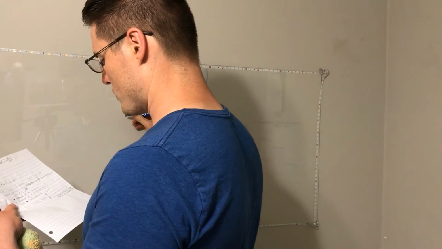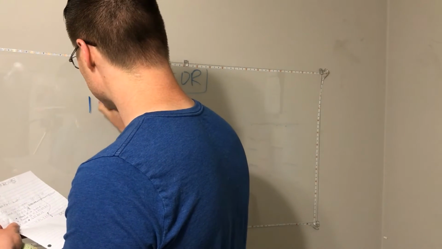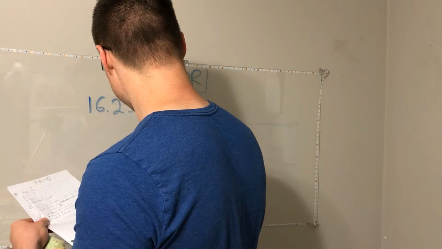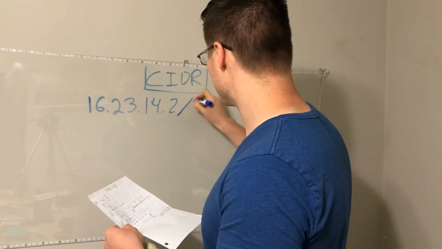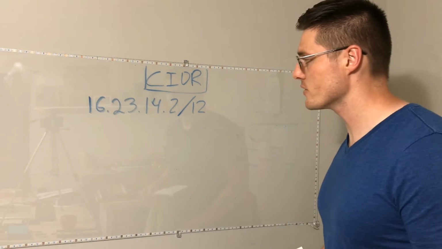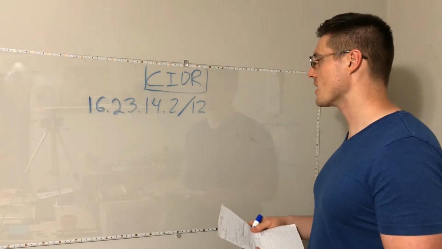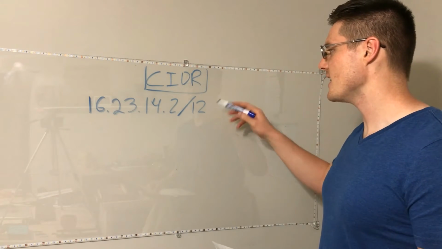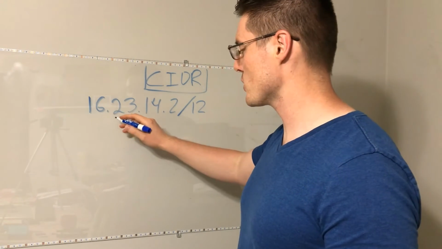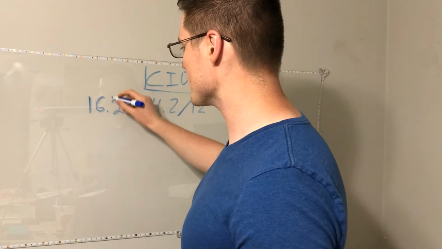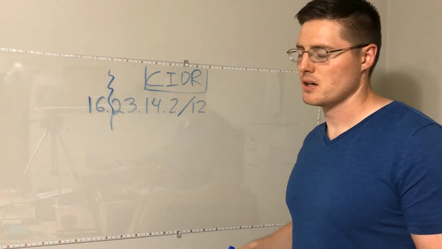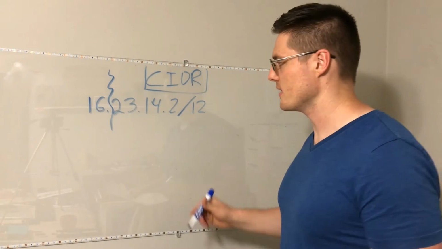Let's do 192.23.14.2/12. So the subnet mask is going to be 12, and that falls in between a class A and a class B. If you're looking at this strictly from classful routing, then essentially this would be a class A, because it falls between 0 and 128.